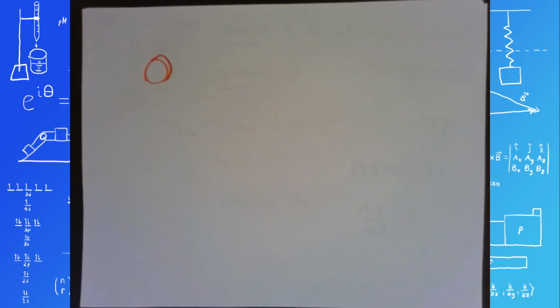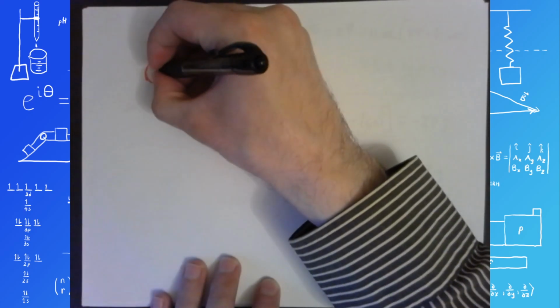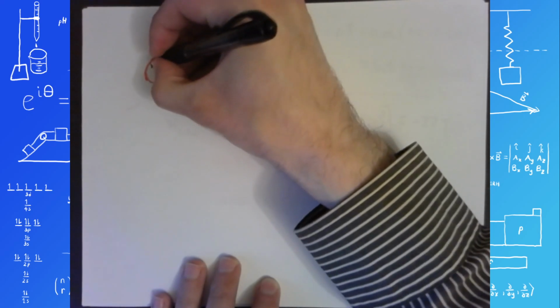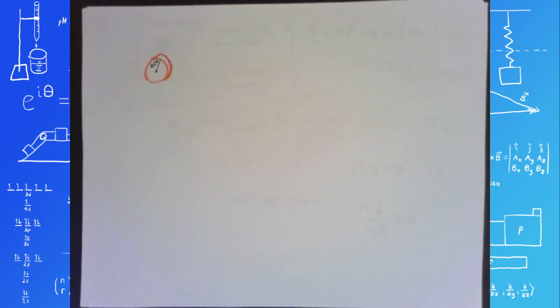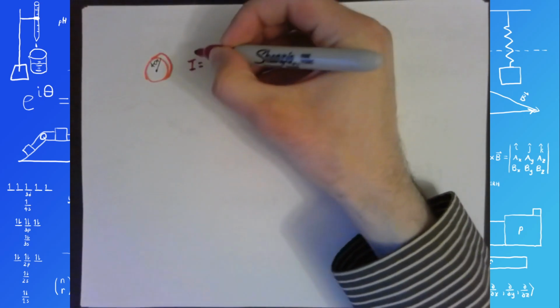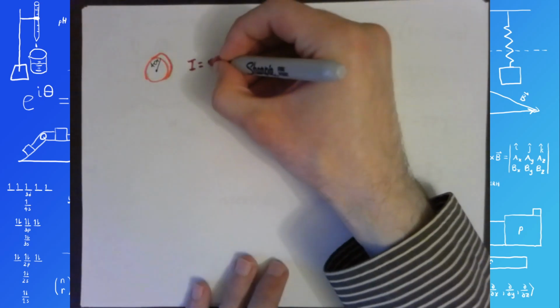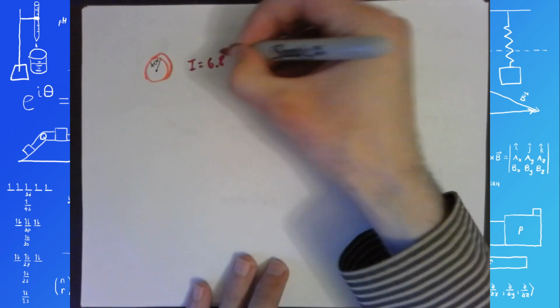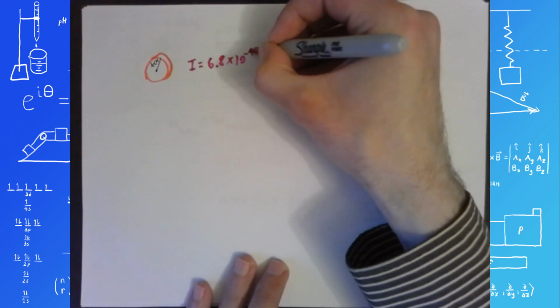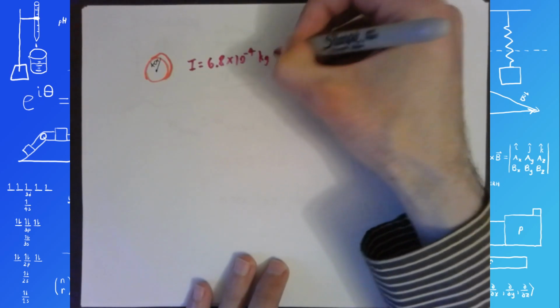It has a radius of 4 centimeters, and its moment of inertia is equal to 6.8 times 10 to the negative 4 kilogram meters squared.